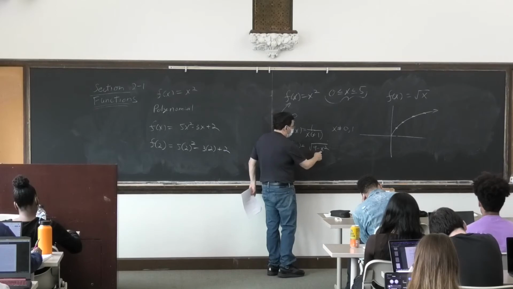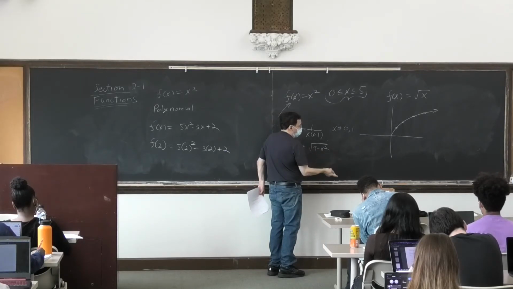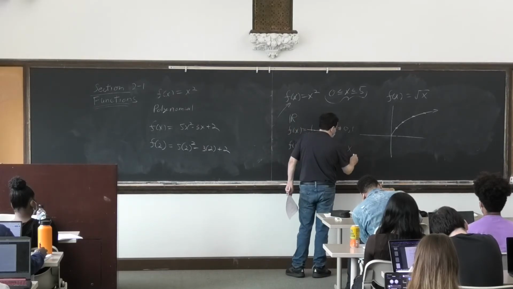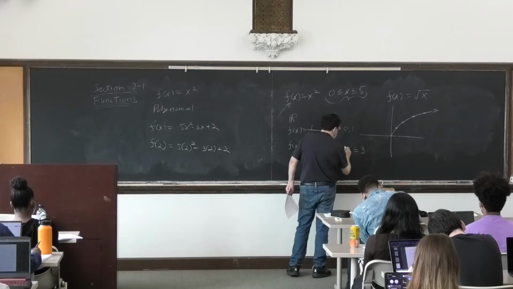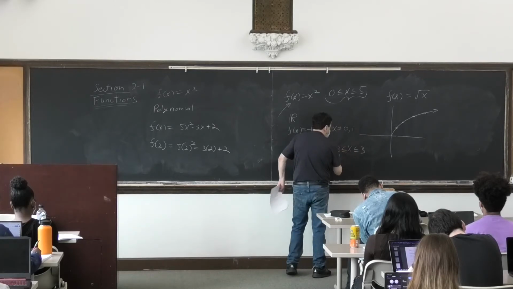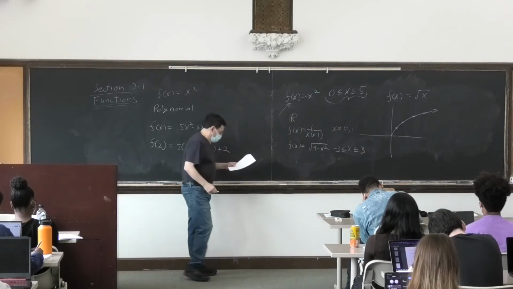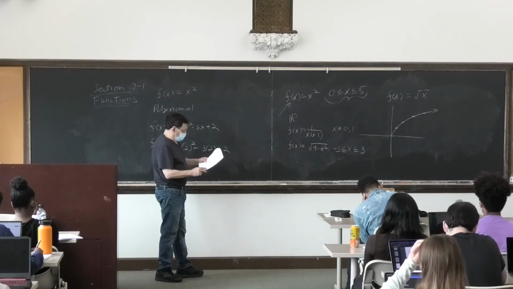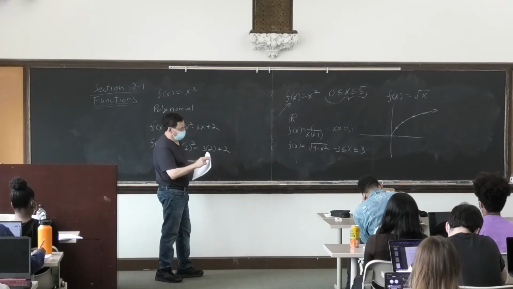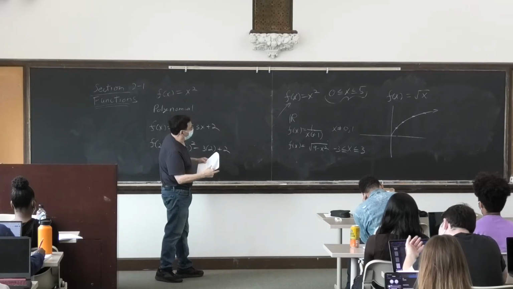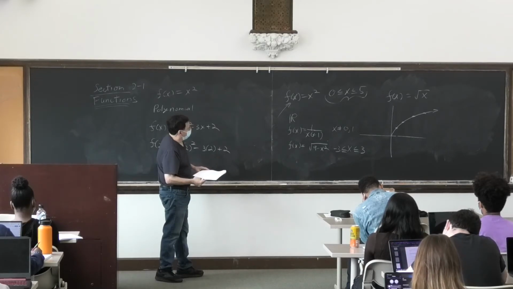So x squared can be at most 9, which means x can be what? Between 3 and -3, right?